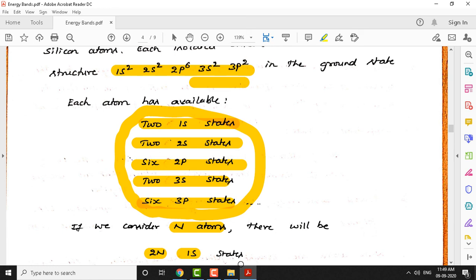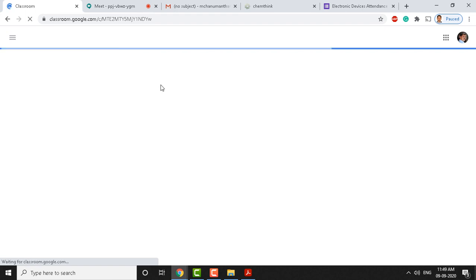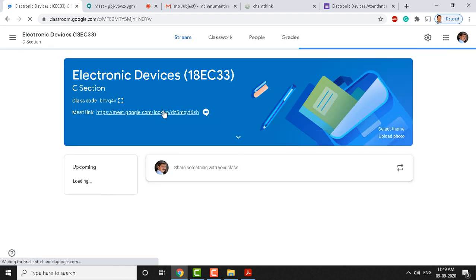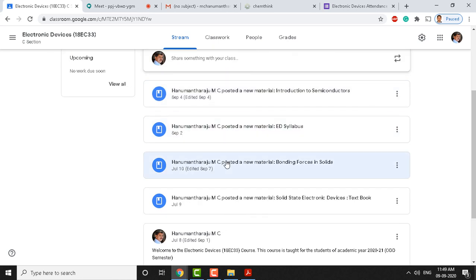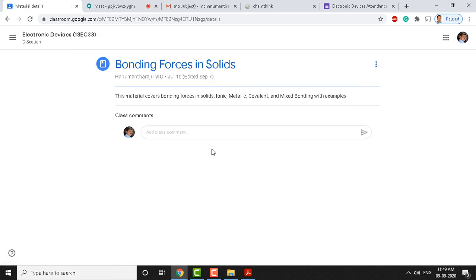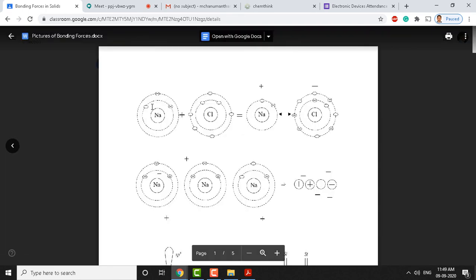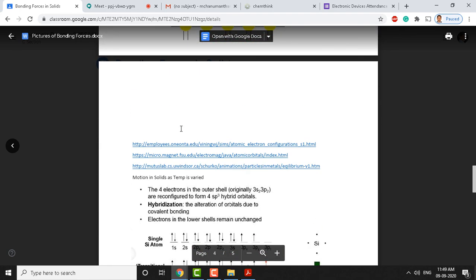And here I would like to interrupt in between and show you the electronic configuration of silicon, so that you understand better. I have passed on a material to you, this is what bonding formation is.